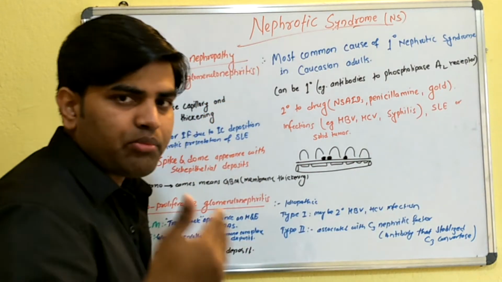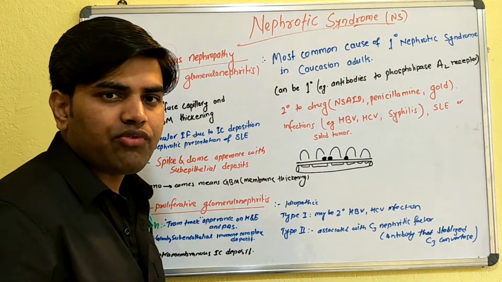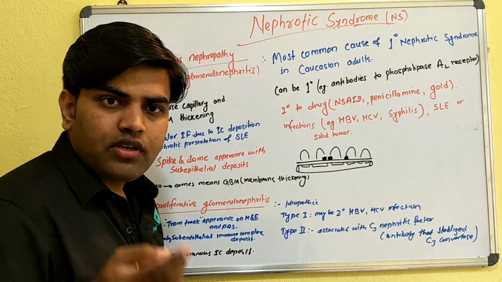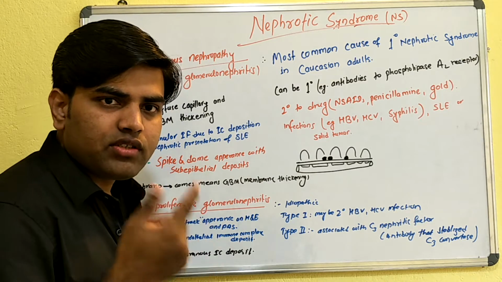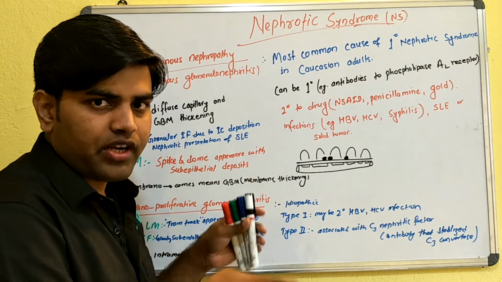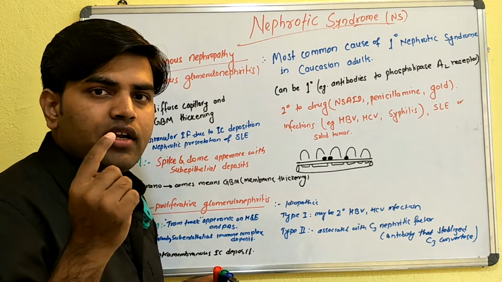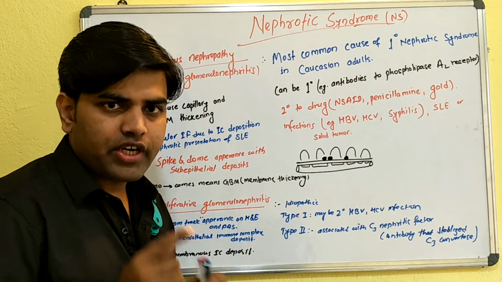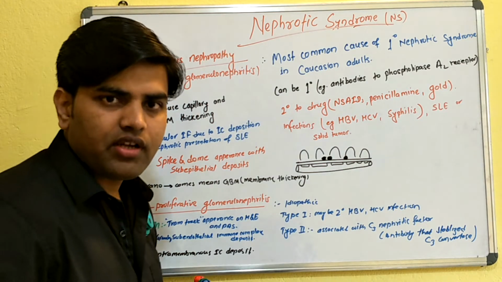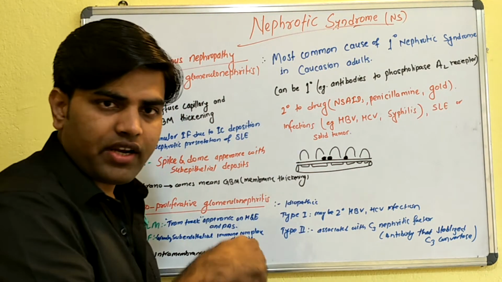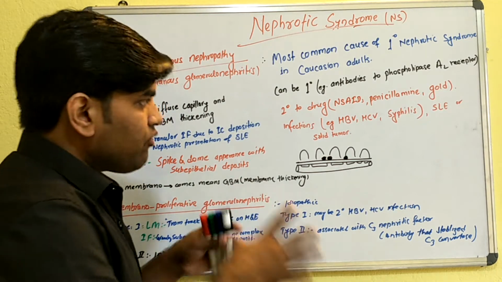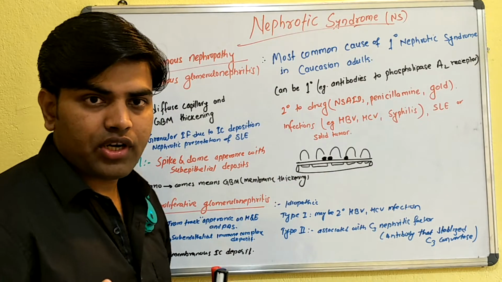If you remember, I talked in previous lectures about the SLE patient with nephrotic syndrome. In any SLE patient, what is the common cause of death? Renal failure. And why does renal failure occur in SLE? The most common cause will be nephritic syndrome, not nephrotic, and that is due to diffuse proliferative glomerulonephritis. You are getting my point. This is very high yield: in SLE, the most common cause of death is renal failure, and the renal failure most commonly occurs due to nephritic syndrome, which is due to diffuse proliferative glomerulonephritis.